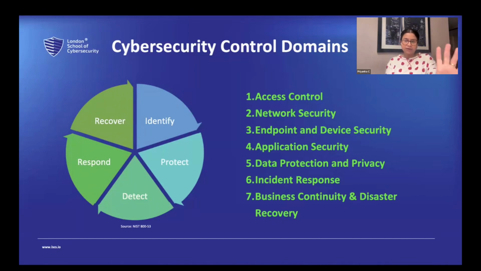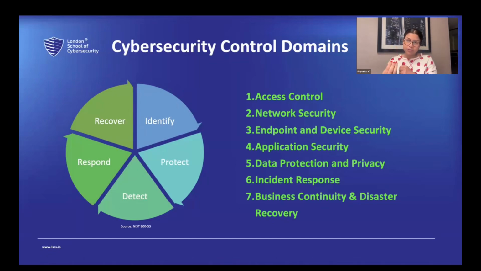Now, on the left side of the screen, you see this circular cycle, which is another way of bucketing the control domains, depending on the function of the controls. This is taken from the NIST 800-53 standard, where it says that controls need to be implemented based on where and what purpose they fulfill.